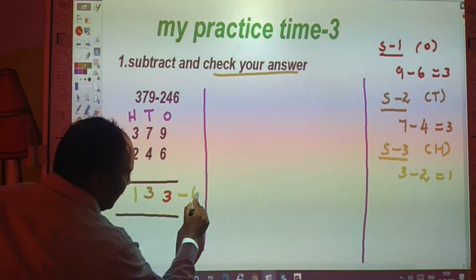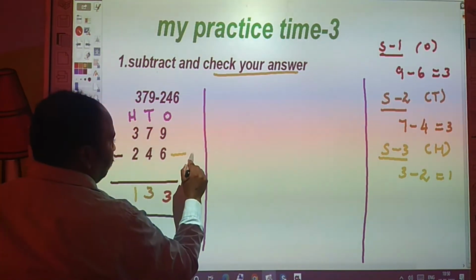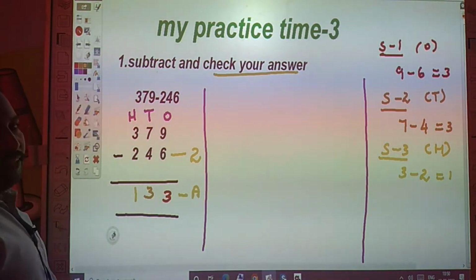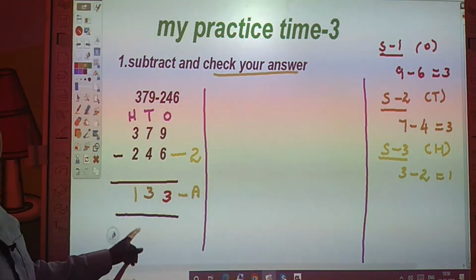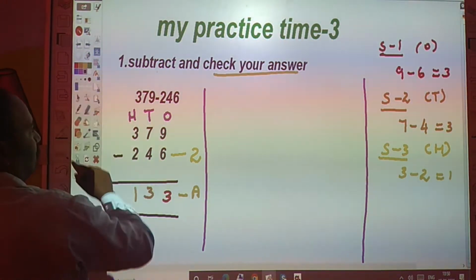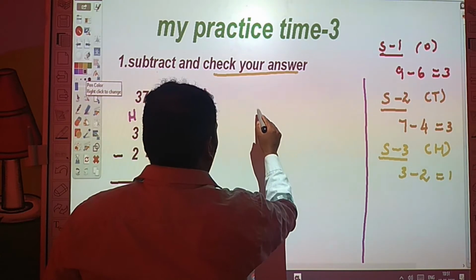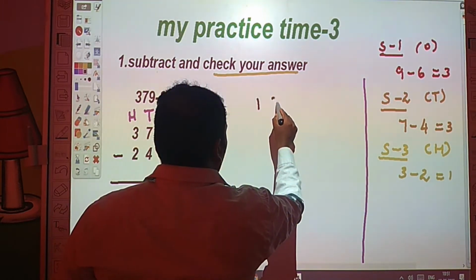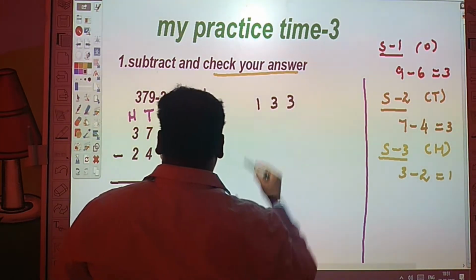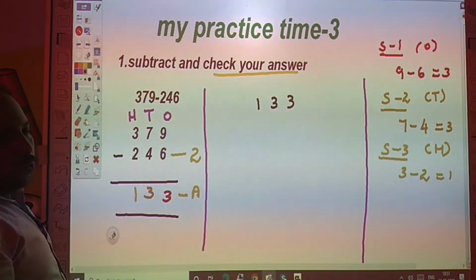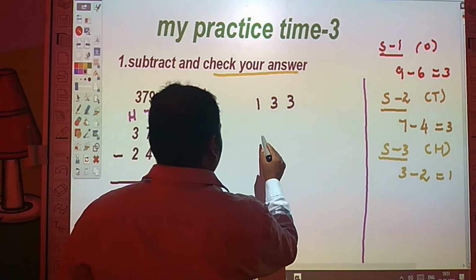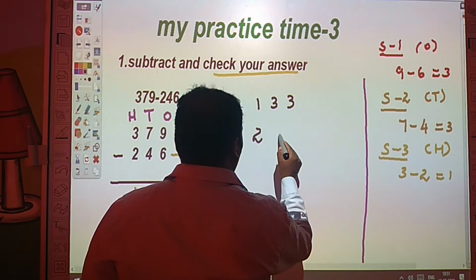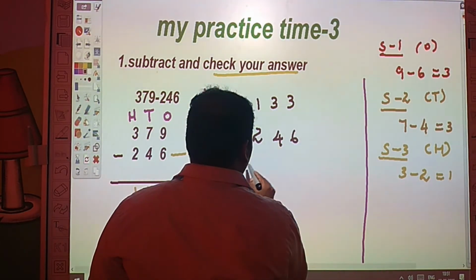We take the answer with the second term. The answer is 133. Then the second term is 246. First one is the answer, and then the second one is the second term.